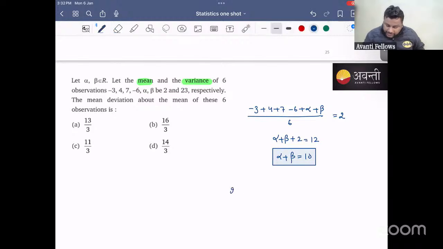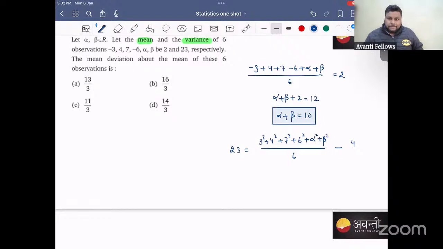So 23 equals the mean of squares, that is 3 square plus 4 square plus 7 square plus 6 square plus alpha square plus beta square, whole divided by 6, minus the square of the mean. The mean is 2, so 2 square is 4.